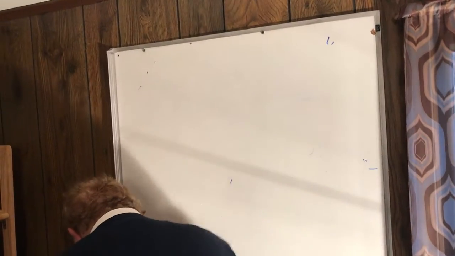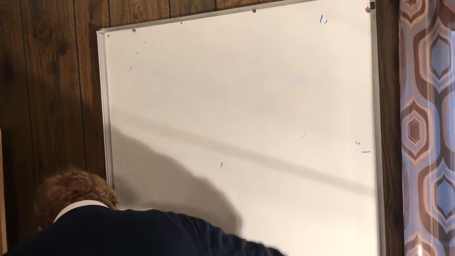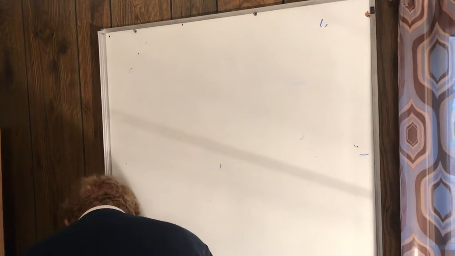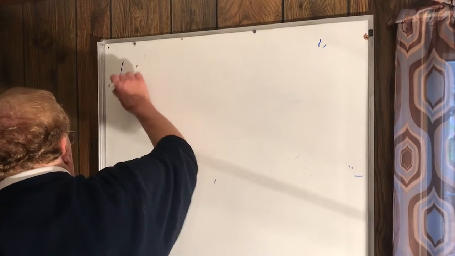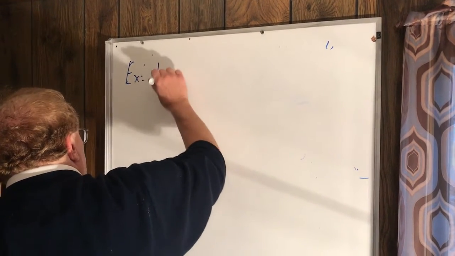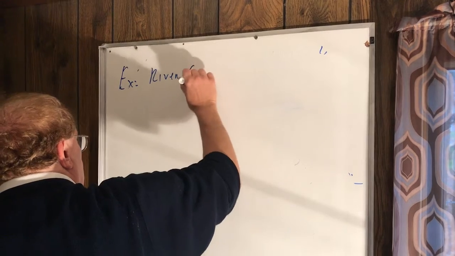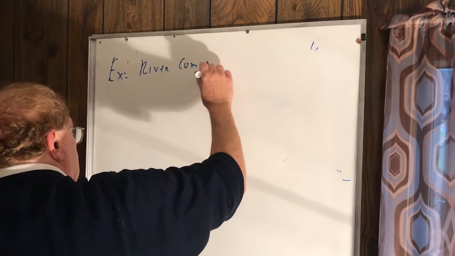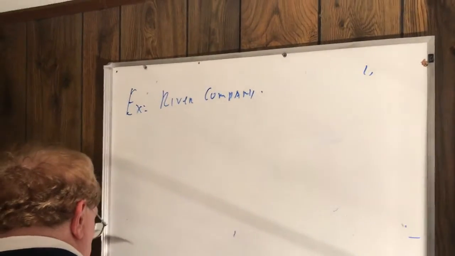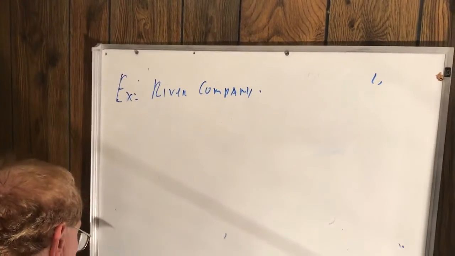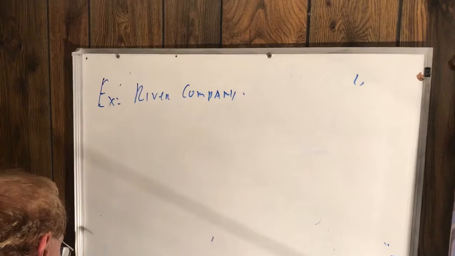Okay. So if you look at page 4 of your notes, right, so this is the example. It's the River Company. And it's a microbrewery. It produces a lager and an ale.